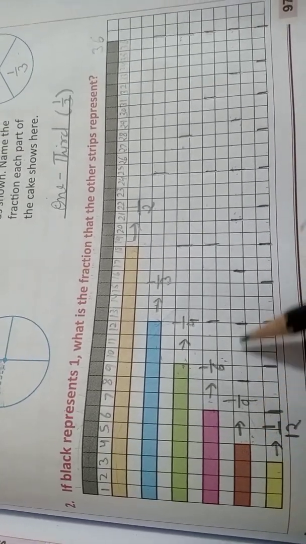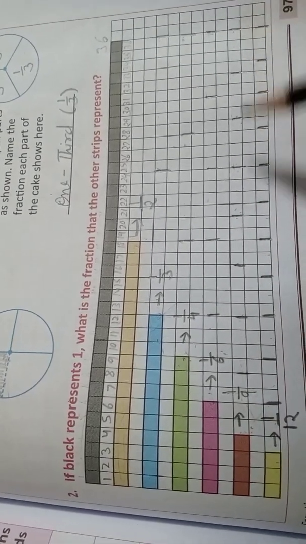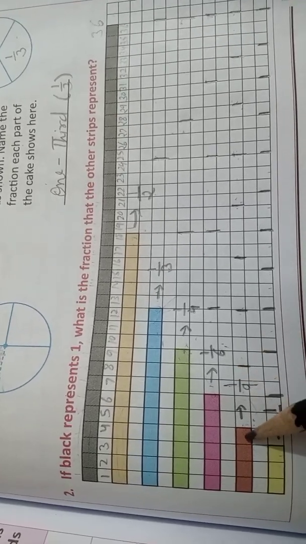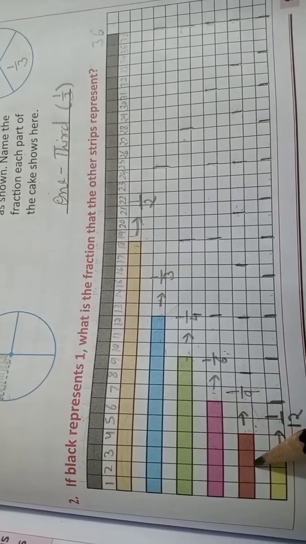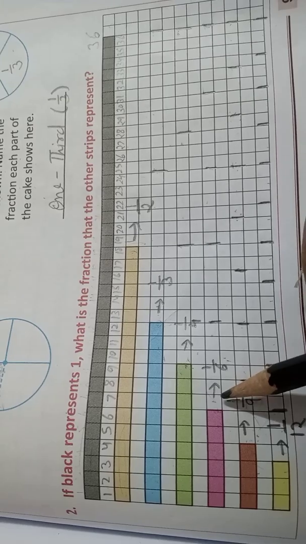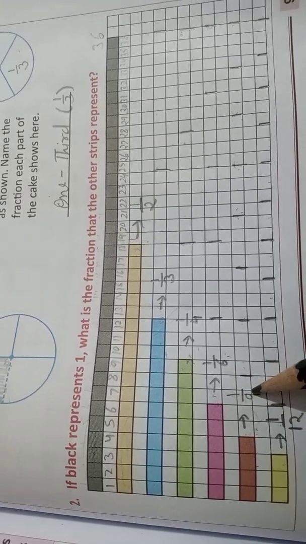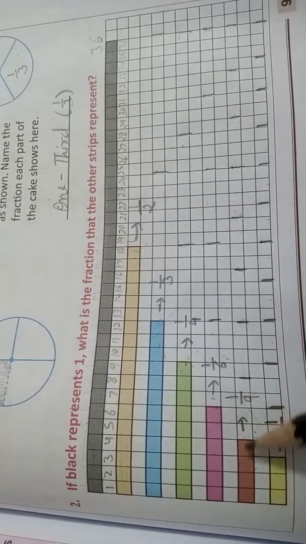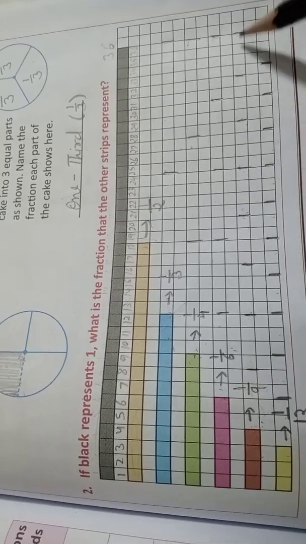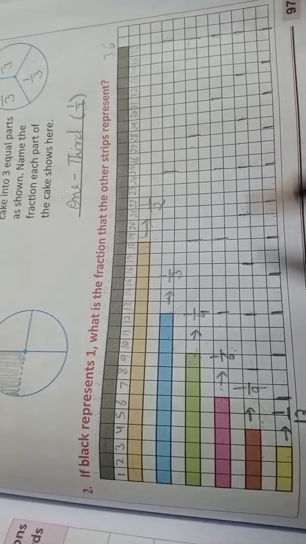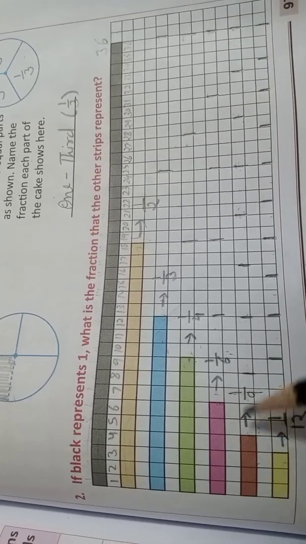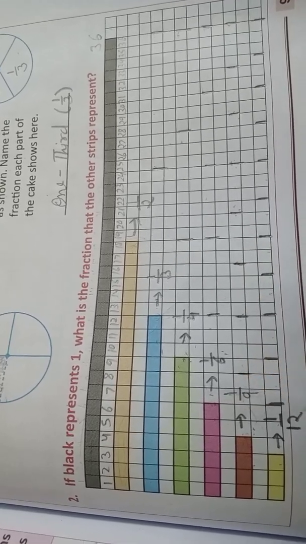So means one whole is divided into 9 equal parts. So this is the 1/9 part of this strip. So here we will write 1 by 9. Yes, this is the 1/9 part. This is the whole. Till here we have one whole, and this is the 9th part of this whole. So we will write 1 by 9.